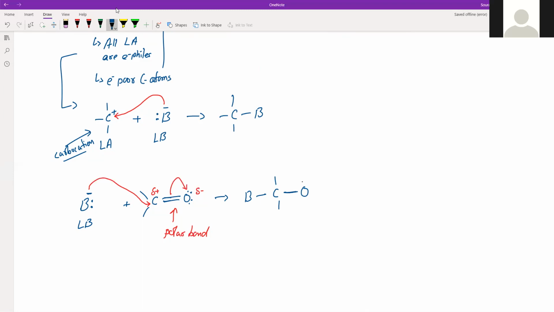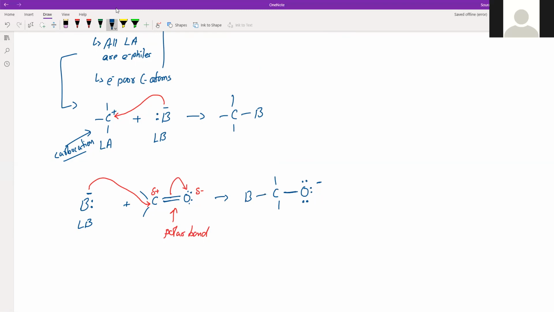So now oxygen will have 3 lone pairs, and that's why this oxygen will have a negative charge. You can see on the reactant side, there is just 1 negative charge, and on the product side also, there is just 1 negative charge. So the charge on both sides should be balanced.